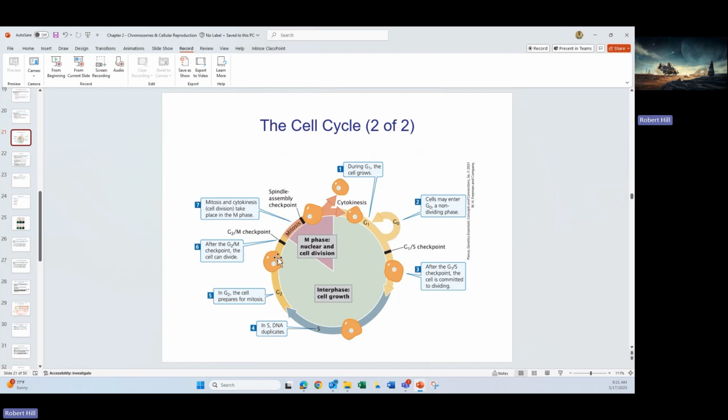During this stage, all of the mitochondria are getting doubled, and the membranes that make up the endoplasmic reticulum are increasing in size, and the lysosomes are increasing, so that when it splits, everything that the two new cells are going to need is there. At the G2M checkpoint, the cell is checking that all of the chromosomes have been copied correctly, because that's the most important part, right?